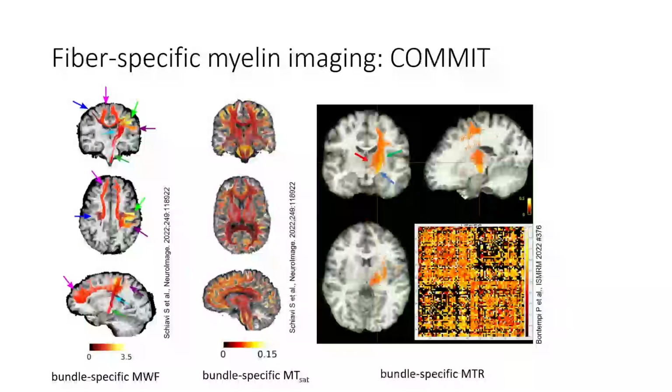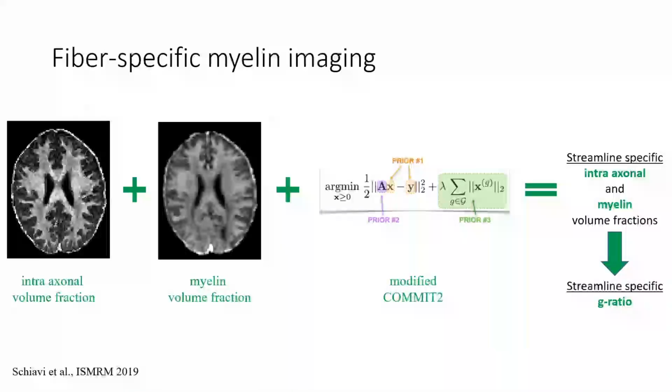There's also an approach called COMMIT that allows for the estimation of really any quantitative MRI parameter along a streamline or bundle, assuming that it is constant along that streamline or bundle. So here we have bundle-specific myelin water fraction, bundle-specific magnetization transfer saturation, and bundle-specific magnetization transfer ratio. So what Simona Schiavi has proposed is to also use COMMIT to estimate an intra-axonal volume fraction and therefore estimate a streamline-specific G ratio.